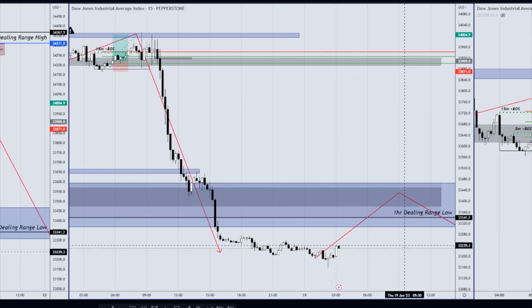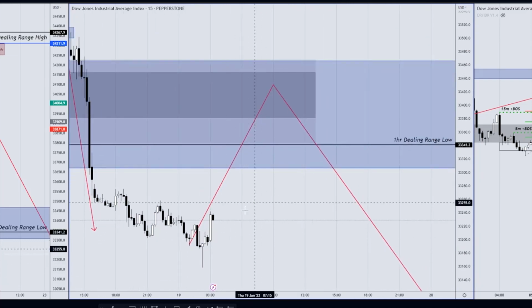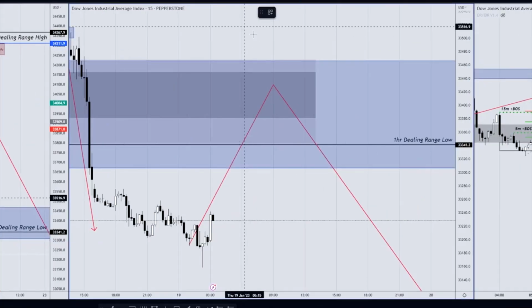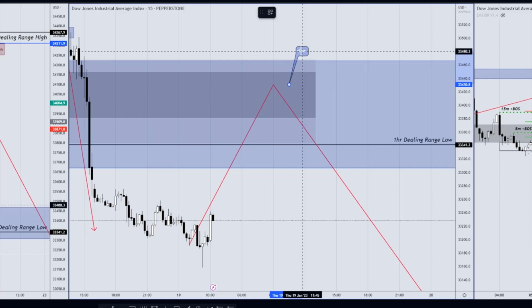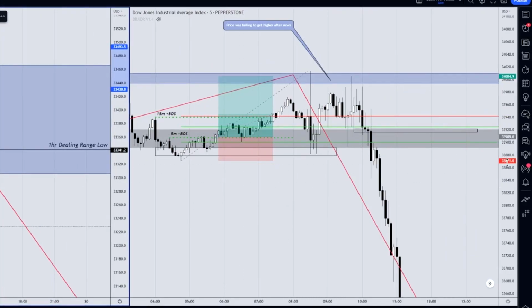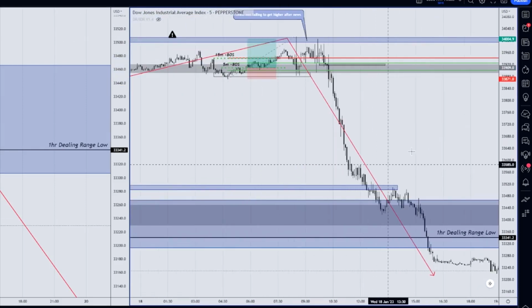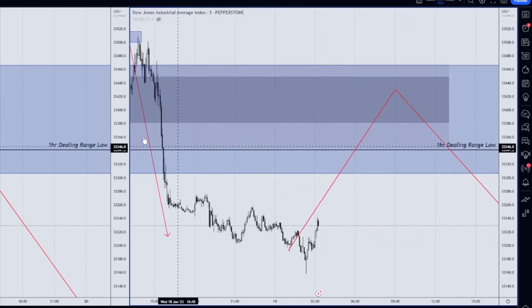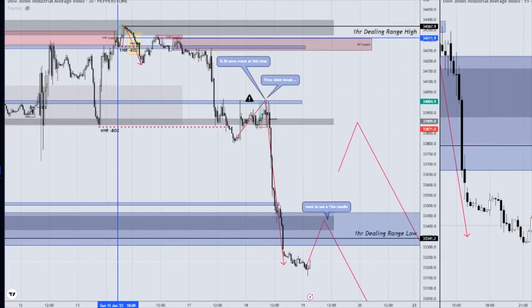But yeah, I'm not seeing anything on the 15 minute at the moment. So we need to see a 15 minute candle in this area. And on the 5 minute, I want to see a break of structure.